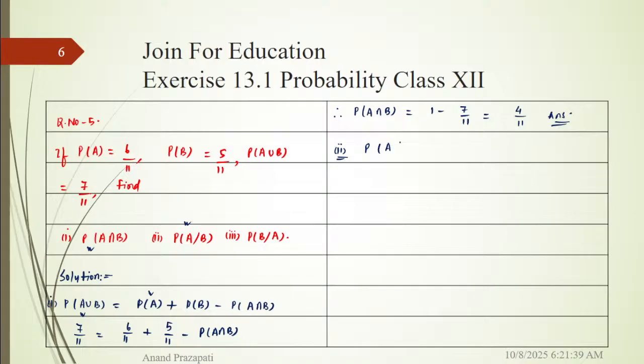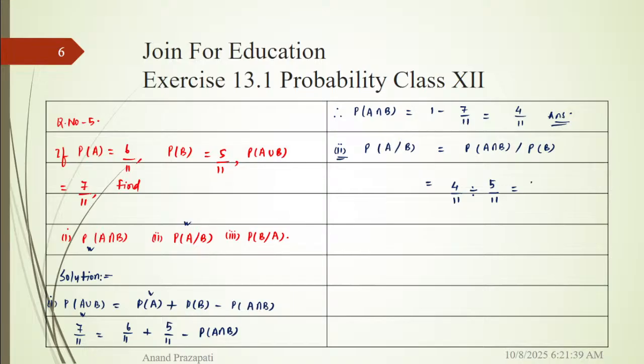Probability of A by B equals, we write down here, probability of A intersection B by probability of B. Now putting the value, we found probability of A intersection B equal to 4 by 11, so we write 4 by 11 divided by probability of B, which is 5 by 11.